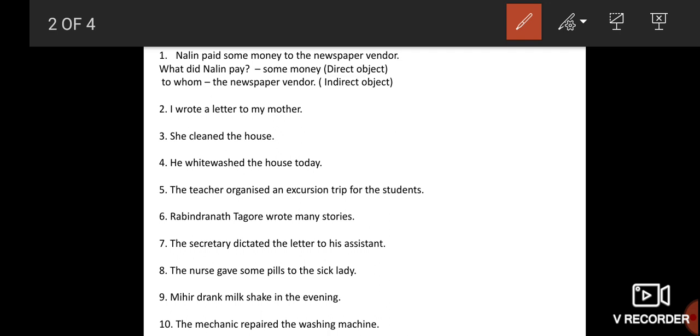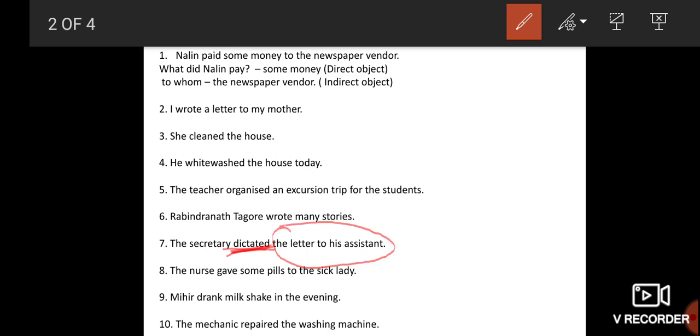Next sentence is: the secretary dictated the letter to his assistant. Dictated, यहाँ पर ये हो जाएगा आपका transitive verb. Then you have to underline this verb and circle the letter to his assistant.